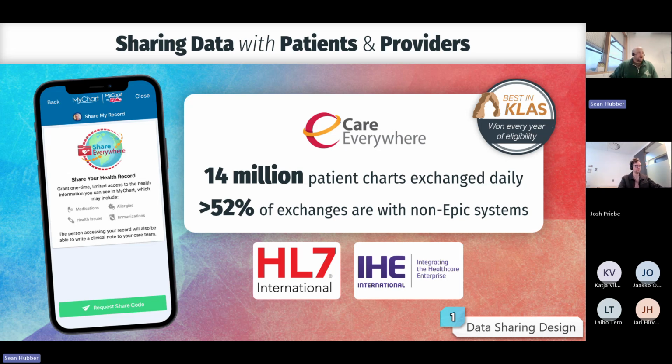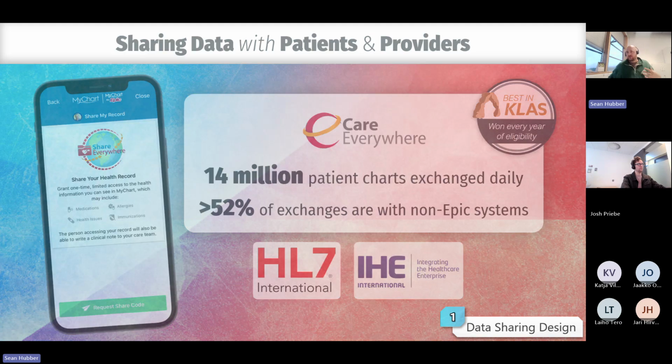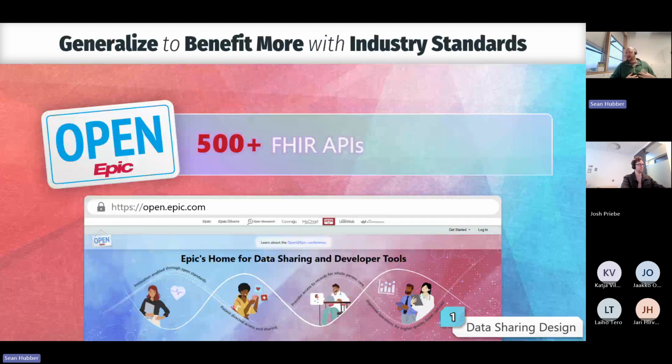And so in practice, when we look at something like FHIR and implementation of FHIR, it's an area where through open.epic we have over 500 FHIR APIs that can be used to exchange data with an Epic system, which from our experience working around the world is more than we've seen from other EHRs.